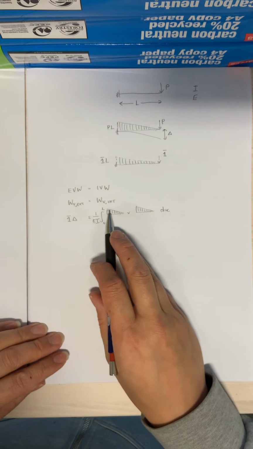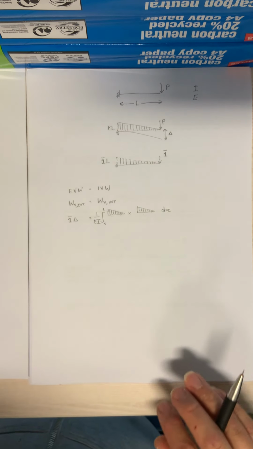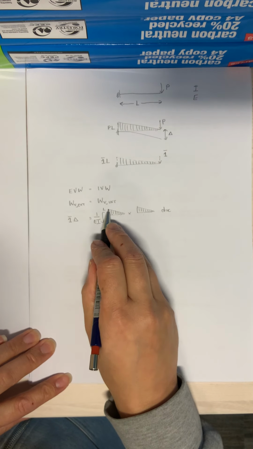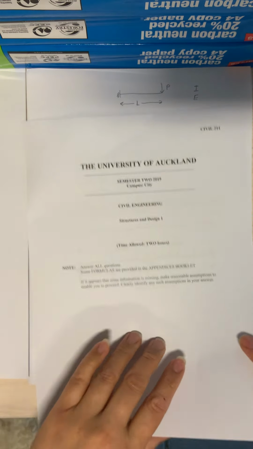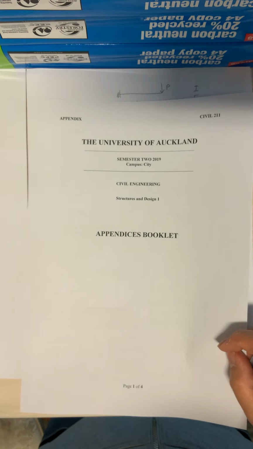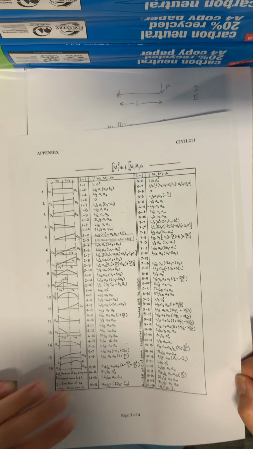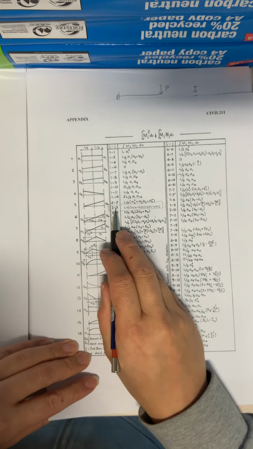So we need to be able to work this out. Later on we'll get more complicated stuff. But if you've got two functions of two straight lines there, we can flick back to the appendices booklet that you will be given in the exam, and we will have a look at trying to use the one that I identified, 2, 3.